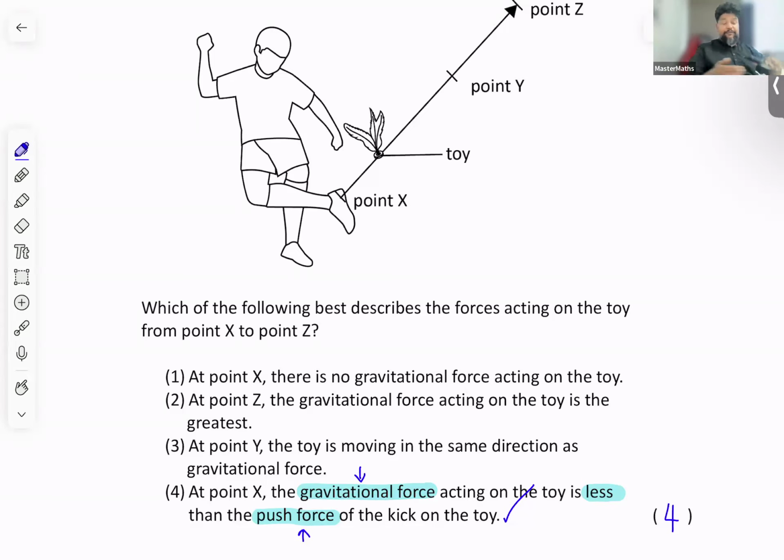Okay? So when I throw my phone, why does it go up? Because my push force is greater than gravitational force. But there comes a point in time when my push force becomes lesser. Why? Because of friction, right? The air resistance coming down, correct? Then what will happen after that? Gravity will take over and start to pull it back down. Is that understood? Okay?